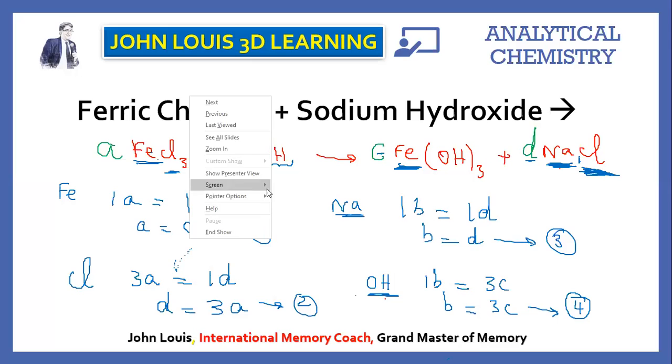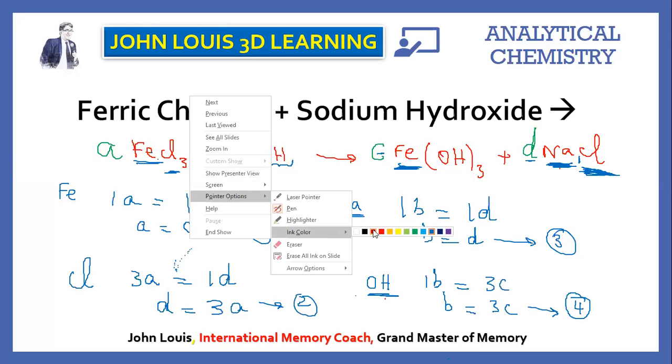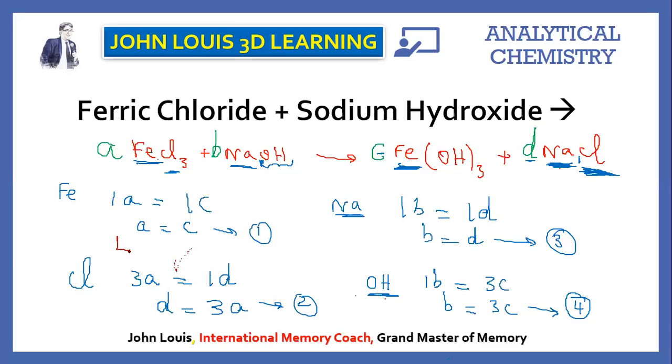I'm just changing the color to make it clear to you. If you take A is equal to 1, C also will be 1, because A is equal to C in equation 1. When you have taken A as 1, D will be equal to 3 into 1. Therefore, D will be equal to 3.